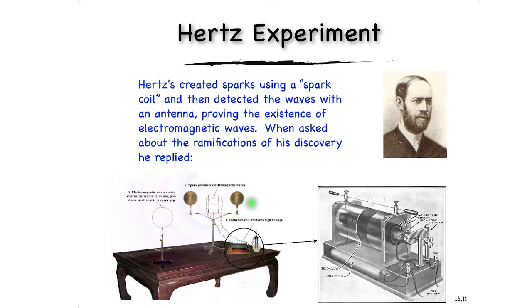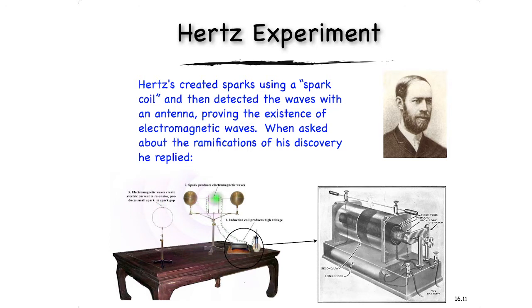This is essentially a large capacitor that can store charge from the battery, and then a small airspace between the two conductors where you could get a little arcing, a little spark. And then over here, there's a metal ring with a slight break in it. So there's a gap there called a spark gap. And when he threw a switch here that allowed these capacitors to charge up and then a spark to form, he observed a spark over here in the gap.